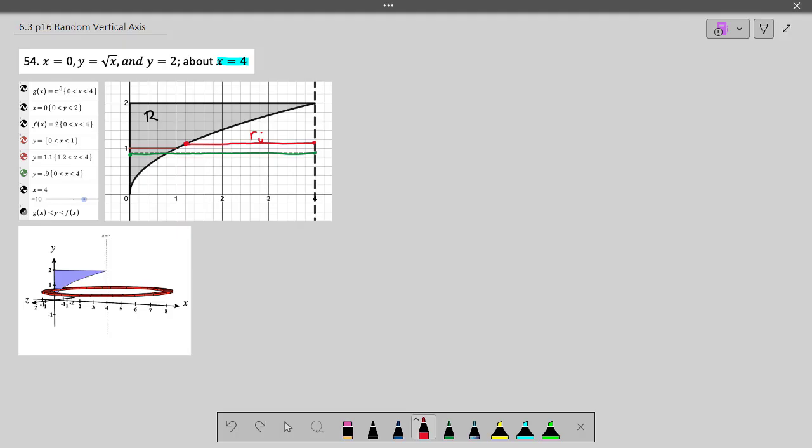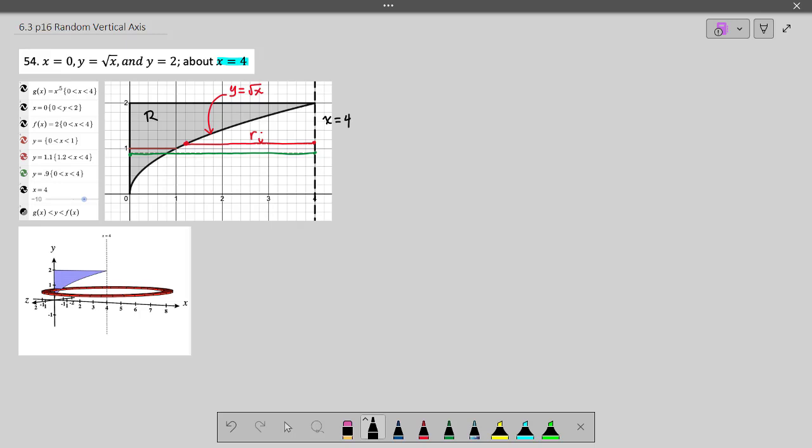So this curve right here is y equals square root of x. We are measuring this horizontal distance here, so we need the right x value minus the left x value. The x value on the right here is x equals 4. Right? That's the x value all along this axis of rotation. So on this red segment here, the x value on the right is 4.